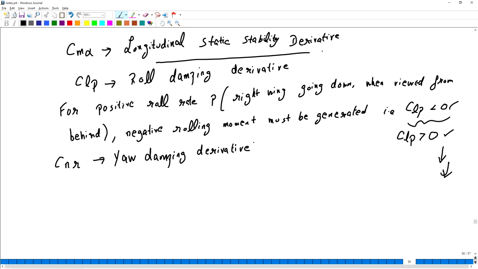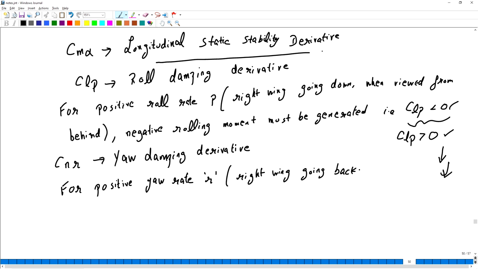All right. So for positive yaw rate, that is for positive R, what do you mean by positive R? Right wing going backwards when viewed from behind.